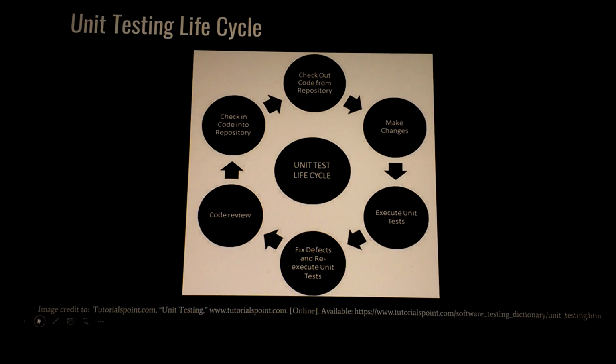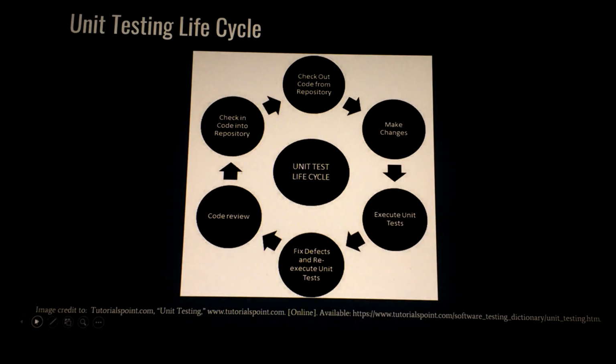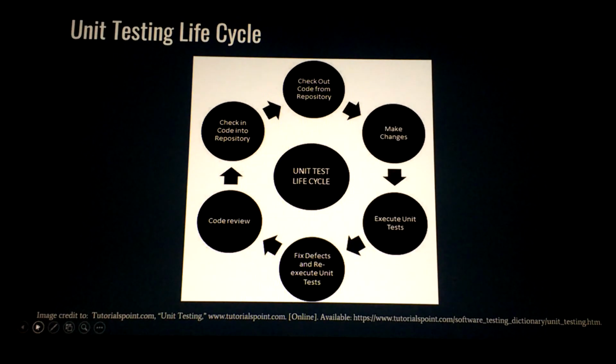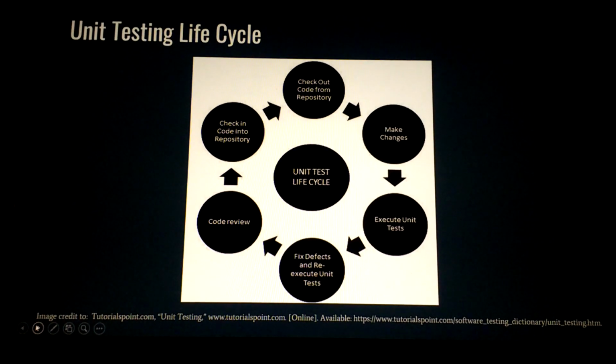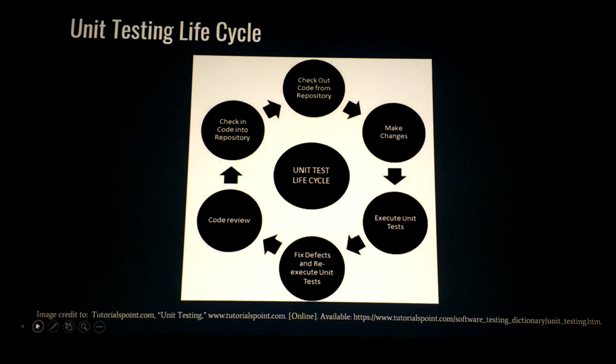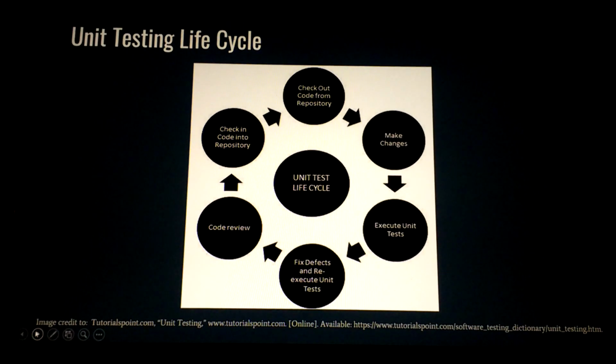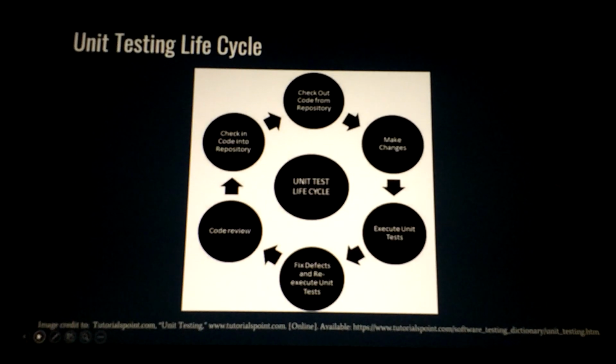As we can see in this image, the life cycle of unit testing has a beginning and an end, but these steps are going to be applied until the software is done.